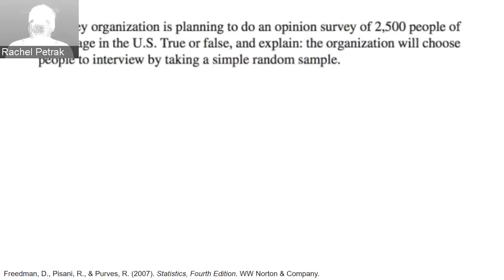Because remember, your population needs to be clearly defined, and while we could say the population is people of voting age in the US, that's a clearly defined population. It's still huge, and you certainly couldn't come up with a list of all those people without great effort. It just consumes too many resources. So simple random samples are just not practical for this purpose. They might use cluster sampling, for example.